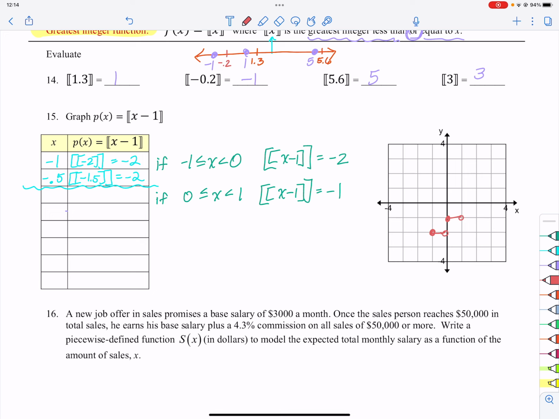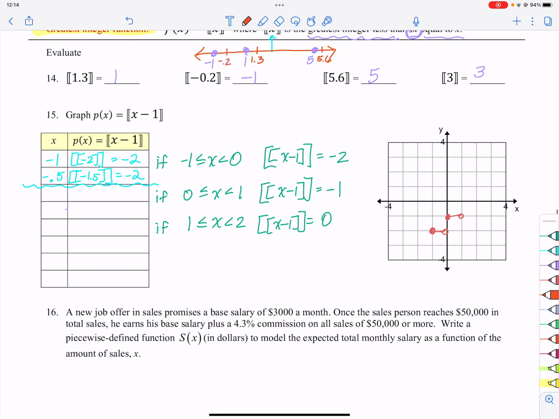Okay. So now you can guess what the next interval will be. So if x is equal to 1 or greater than 1 but less than 2, we are going to have the greatest integer of x minus 1 is going to be 0. It will look like this. And as you can see, this is also called a step function.